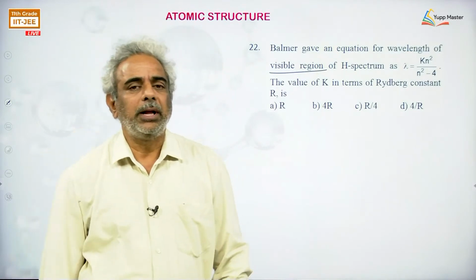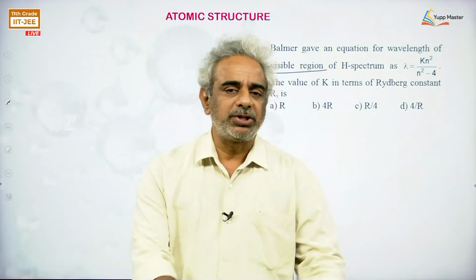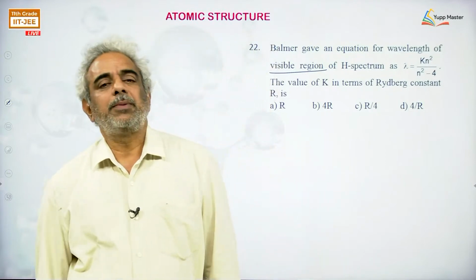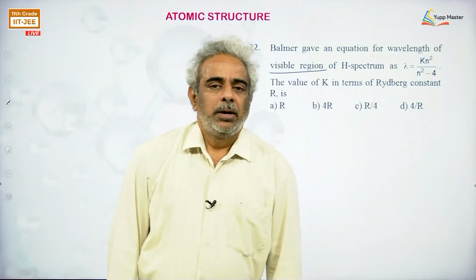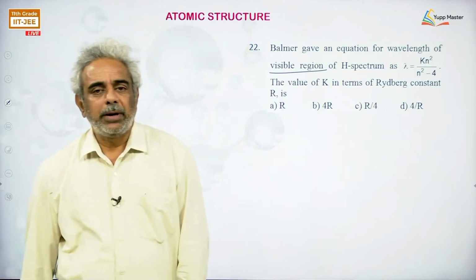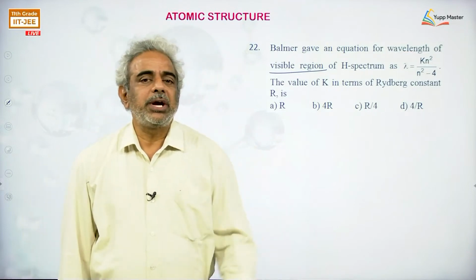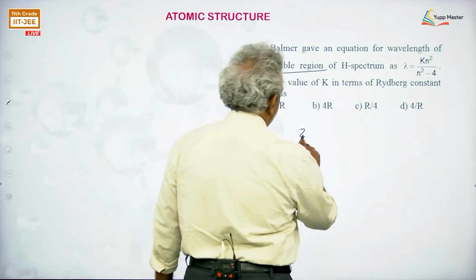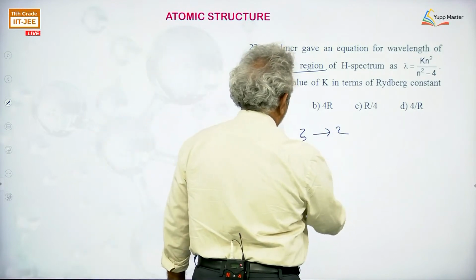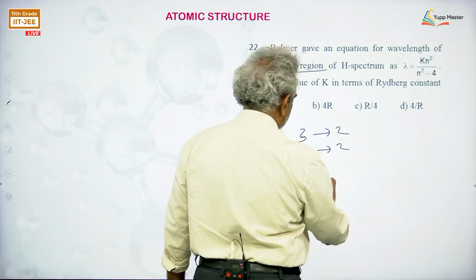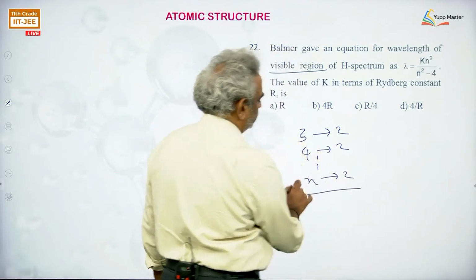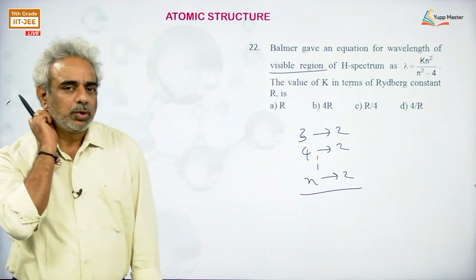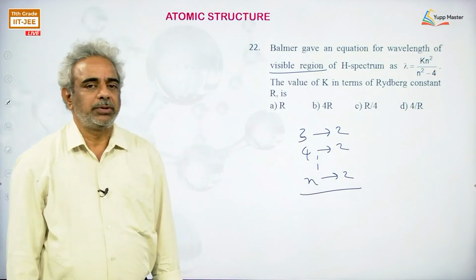Means definitely the lower state is fixed. Visible spectrum is always Balmer. In Balmer, from any higher state, electron can jump into second state. So, the transitions may be 3 to 2, 4 to 2, so on and so forth. Some n to 2, lower state is fixed.